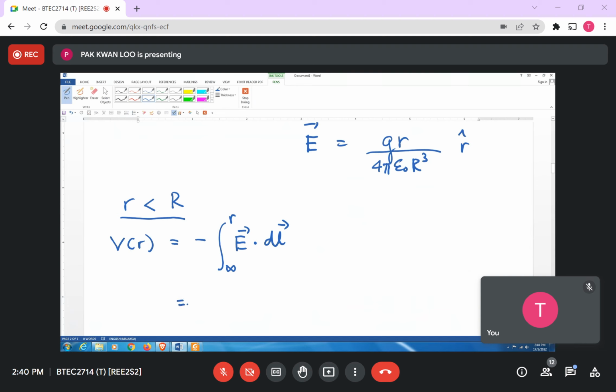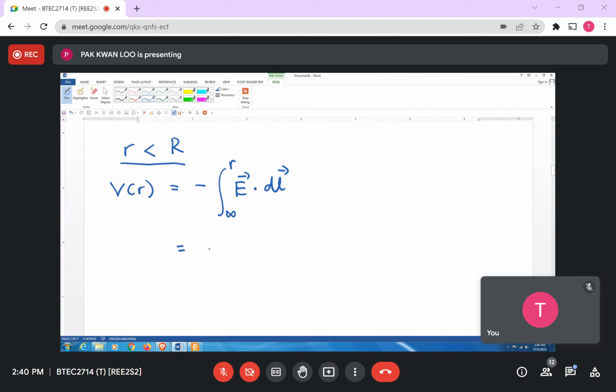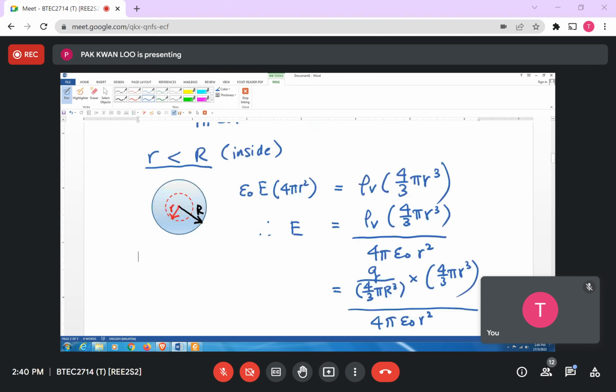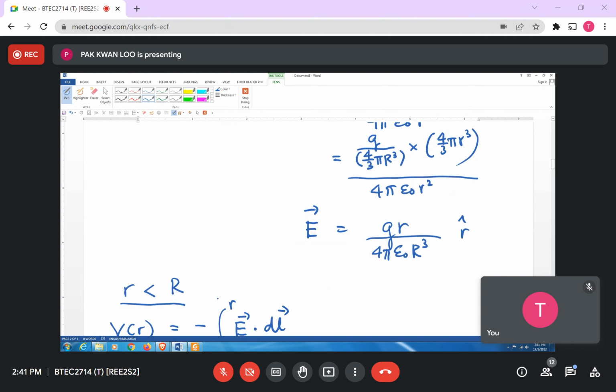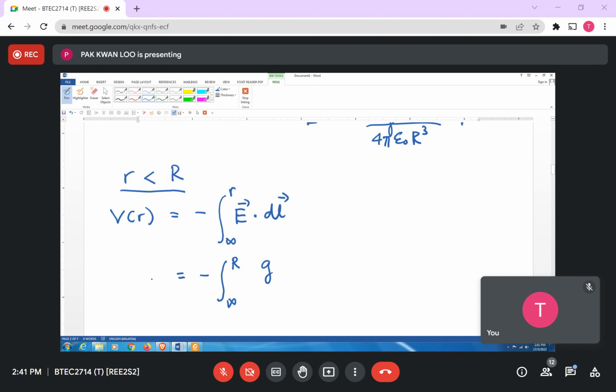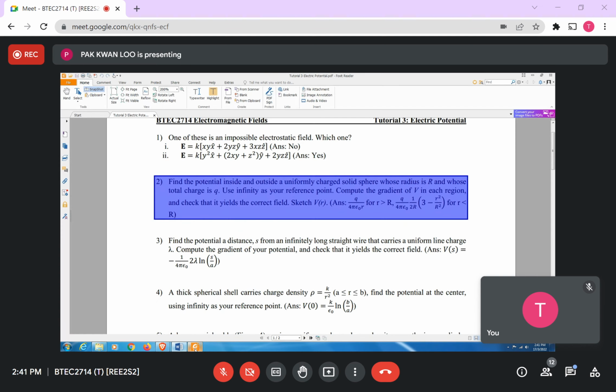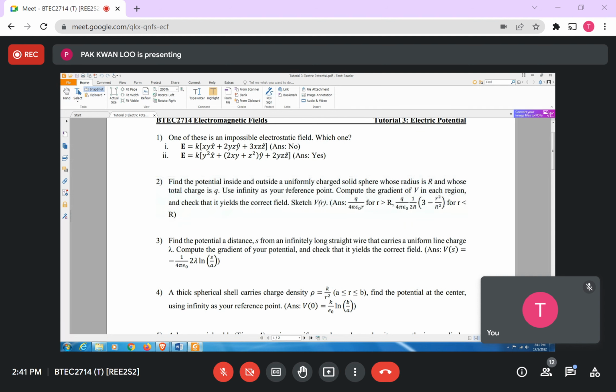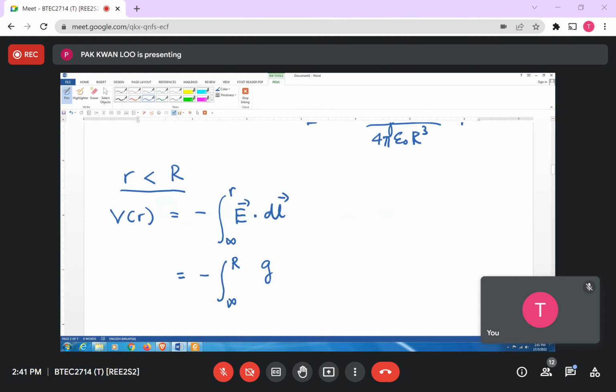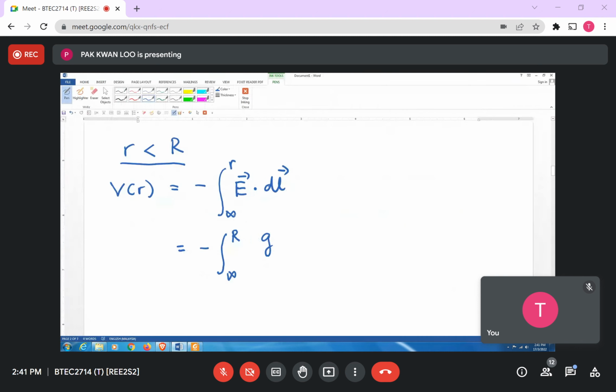So first is from negative, sorry, from infinity to capital R first. So bear in mind this is evaluation of potential inside, right? So we have to find a reference point. The reference point is already given to us, stated in the question: it said use infinity as your reference point. So we use infinity as our reference point.